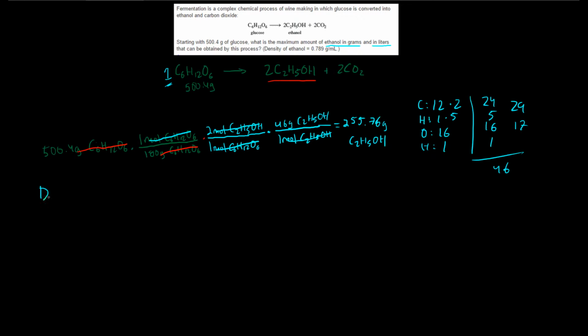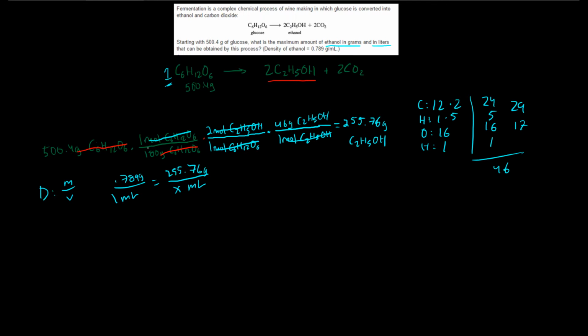Density is mass per volume, and so what we're given is 0.789 grams per milliliter, per 1 milliliter, excuse me. And we're going to set this equal to our grams, where we have 255.76 grams per X amount of milliliters.